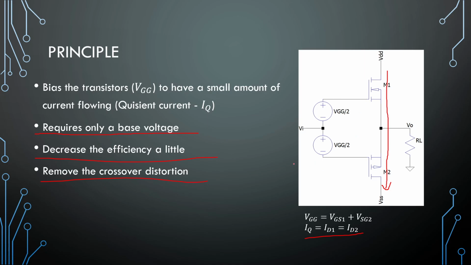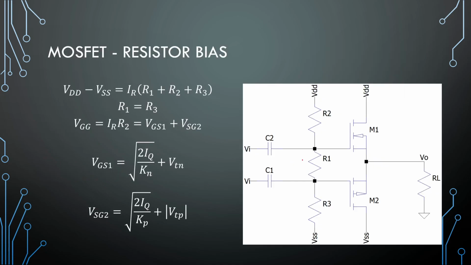So, the first would be to build a plain resistor bias. So, doing Kirchhoff here at the back, VDD is the sum of these three resistors times the current flowing through them, minus our VSS value right there.